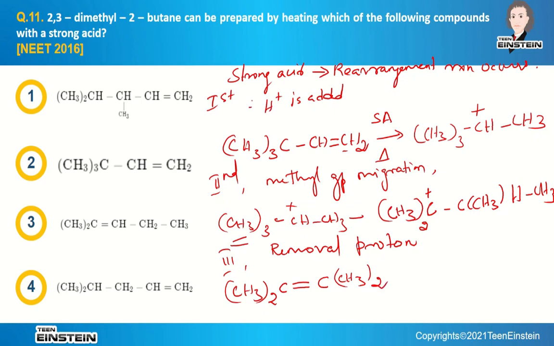So 2,3-dimethyl-2-butene can be prepared by heating of the first given compound. So option number 1 is the correct answer.